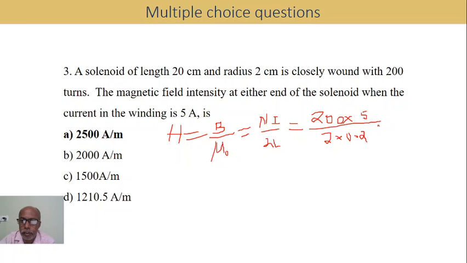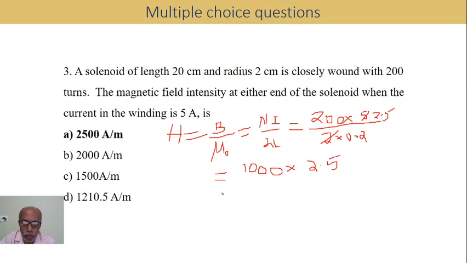So this becomes 200 by 0.2, which is nothing but 1000. 1000 into 5 by 2, which is 2.5.